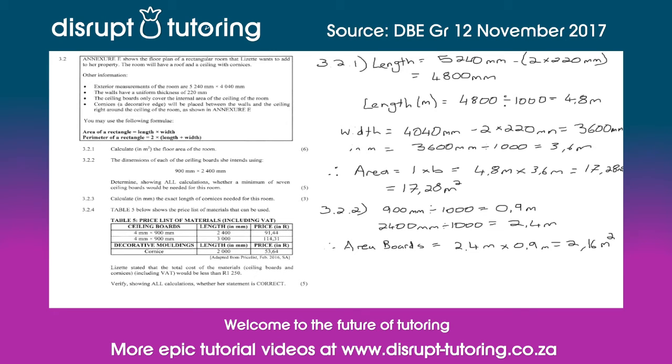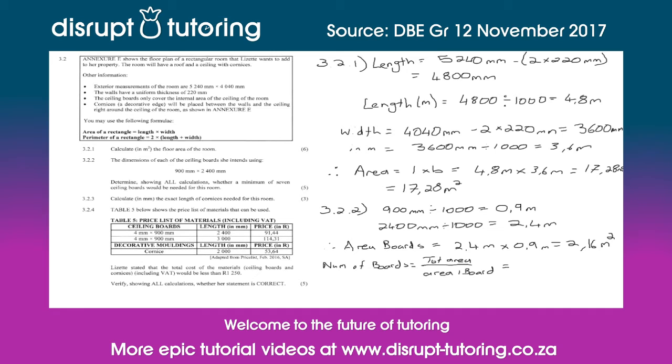Now we need to calculate the number of boards needed. The number of boards will equal your total area divided by the area of one board. So we have these two values.